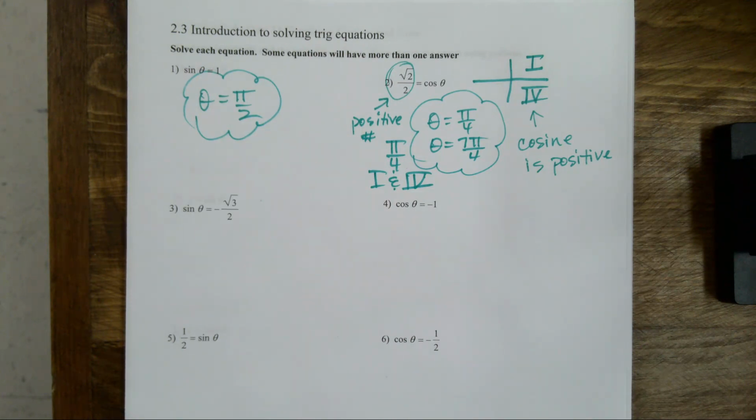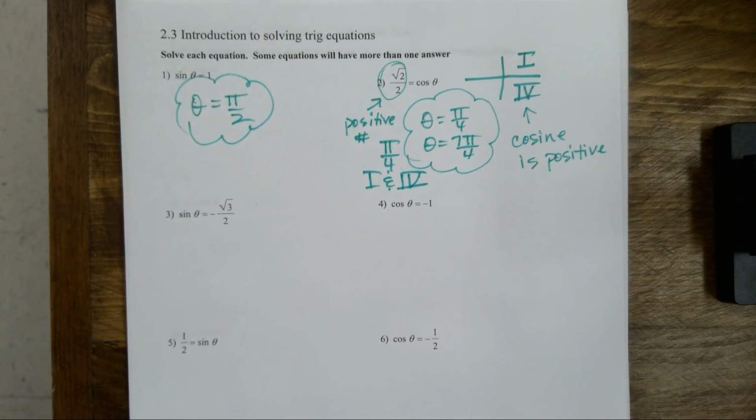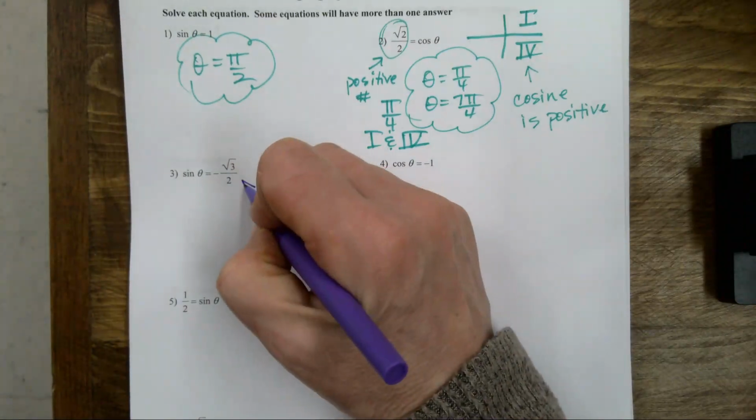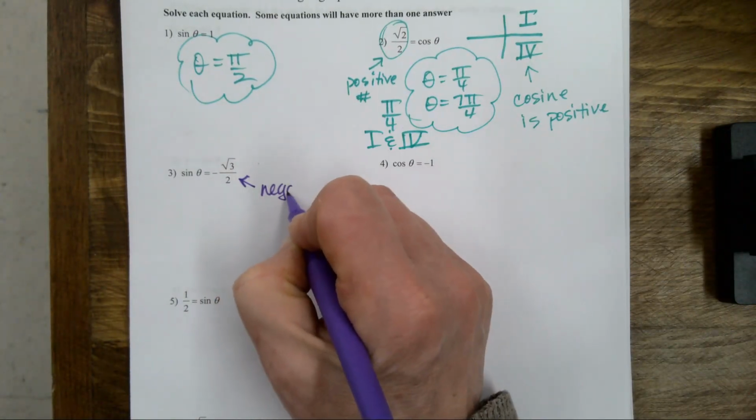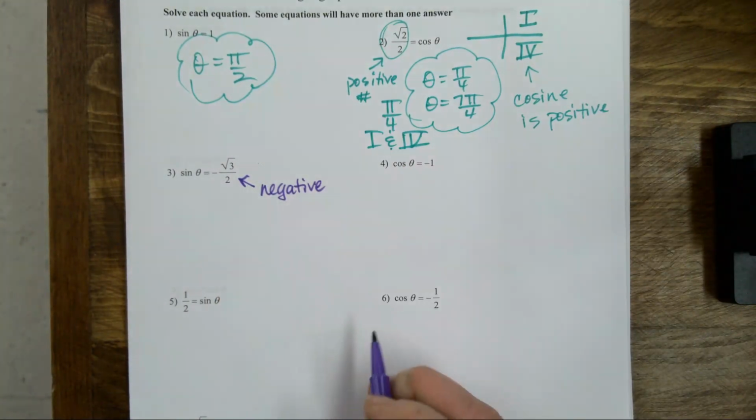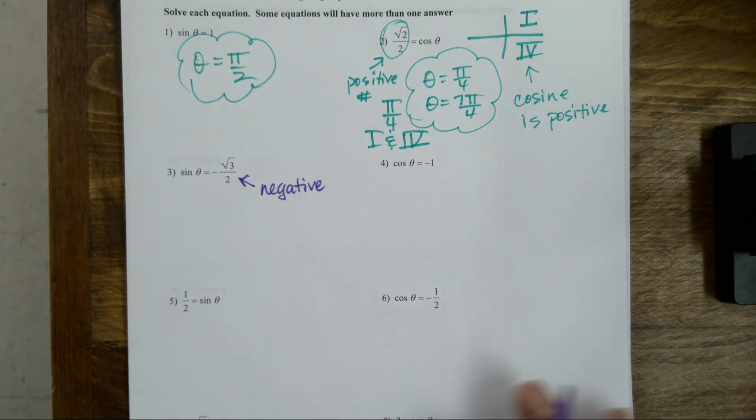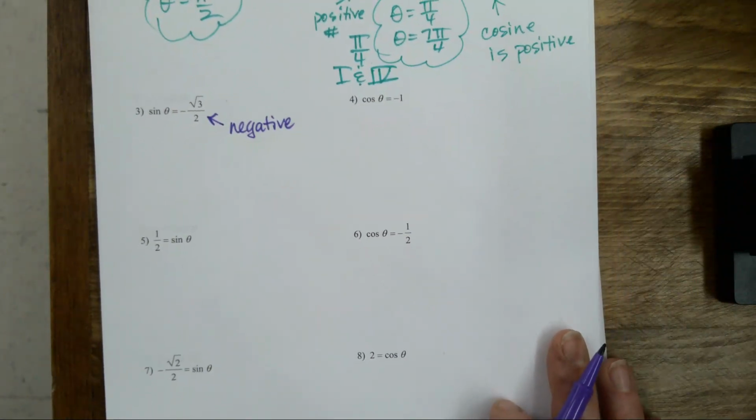So I'm trying to figure out the family or the axis, and then I need to also figure out the region or the quadrant. So I have a negative number here, negative square root of 3 over 2.